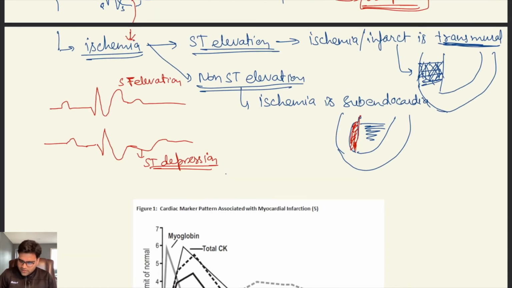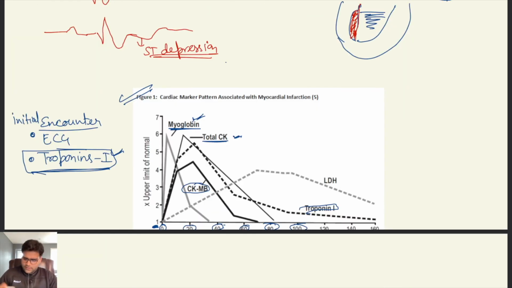So at the first encounter with the patient, we first do EKG, and the second is troponin I. If you see any high level of troponin, or any ST elevation or ST depression in EKG, you can confirm this as myocardial infarction, because these two tests define myocardial infarction, meaning the person has some kind of ischemia in the heart tissue.